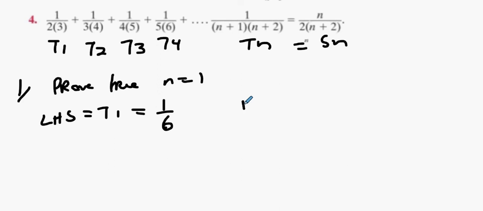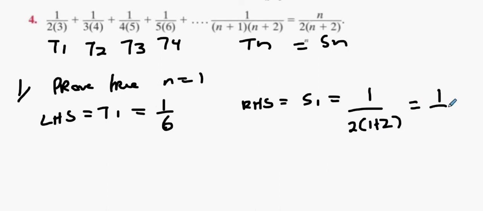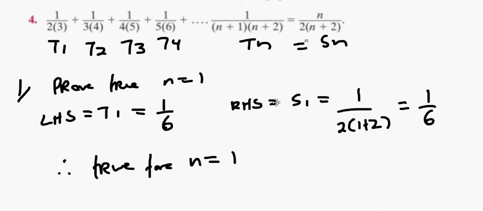The right hand side will be S1, and S1 equals 1 over 2 times 1 plus 2, which is also 1 over 6. Then you say three dots means therefore true for n equals 1. Right? That's the first part done and dusted. And it's always really easy to get 10 marks in this.